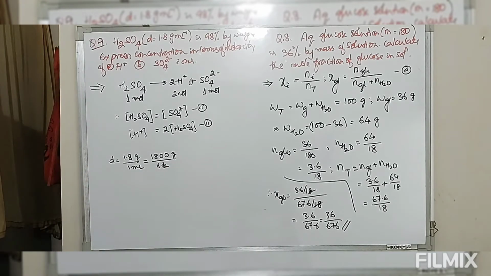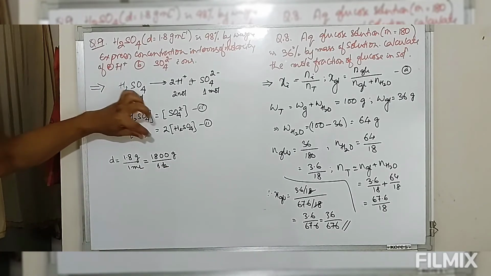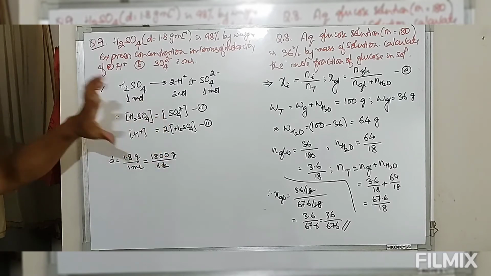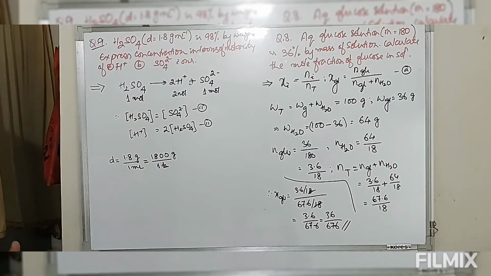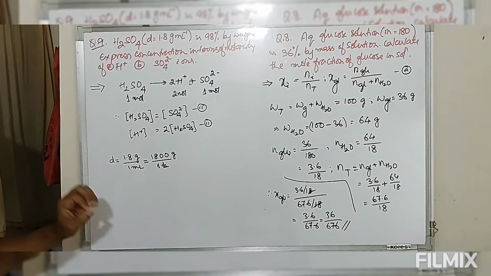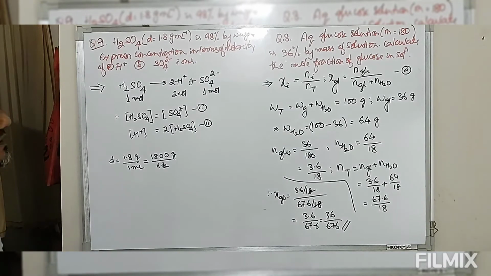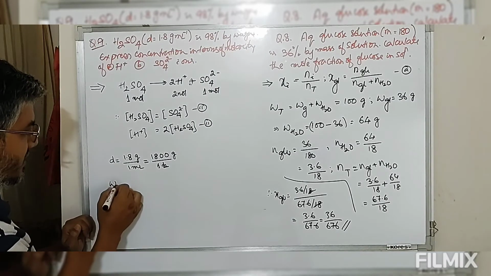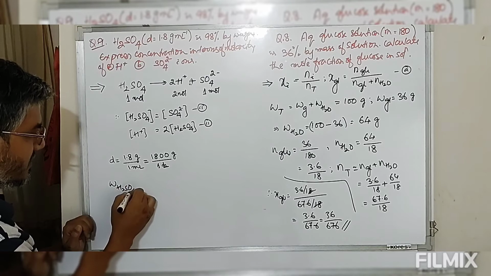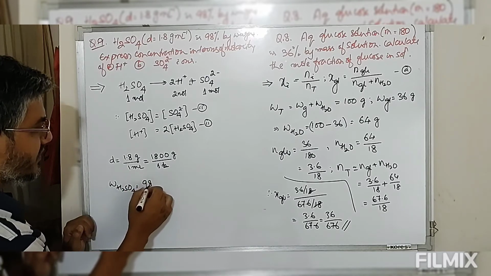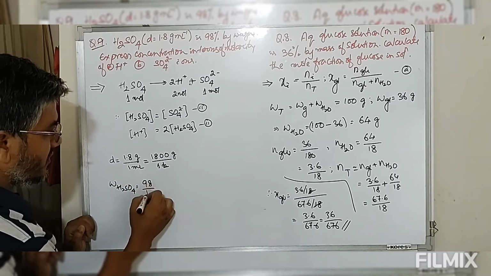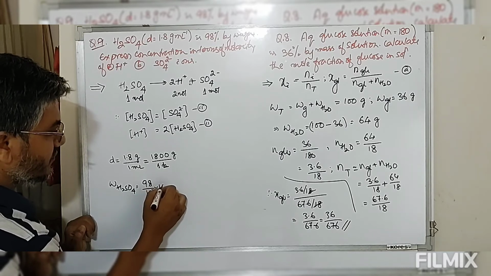So we have this much gram of solution present in 1 liter of the solution. Out of this, the mass of sulfuric acid will be 98% of this value.